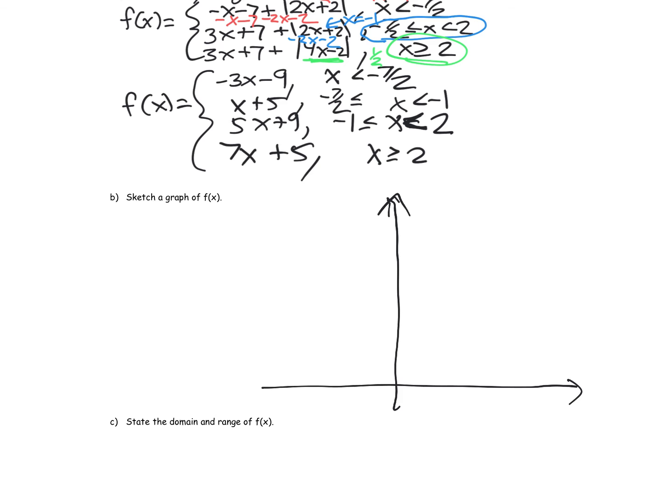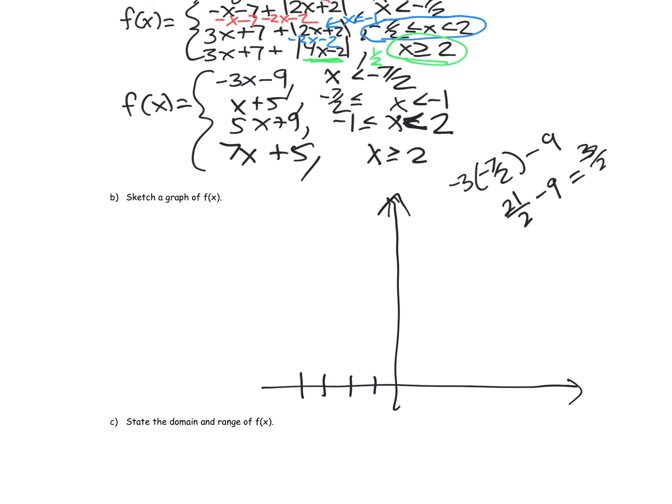So negative 3x minus 9, I'm going to put in negative 7/2, which is negative 3.5. Negative 3 times negative 7/2 minus 9 is 21 halves, or 10.5, minus 9, which is 1.5, or 3 halves.